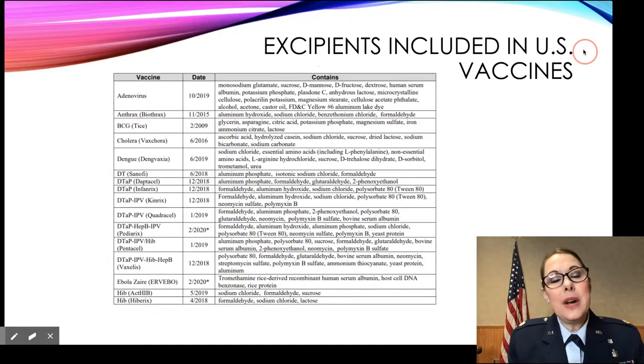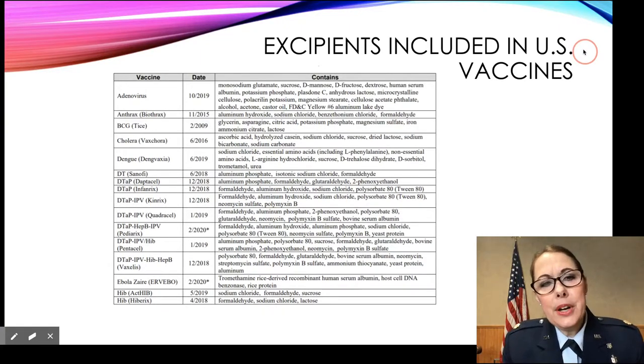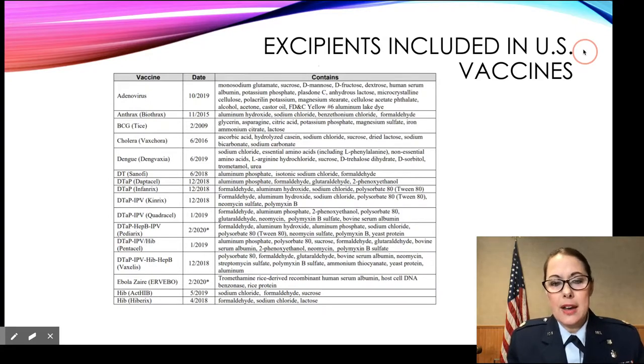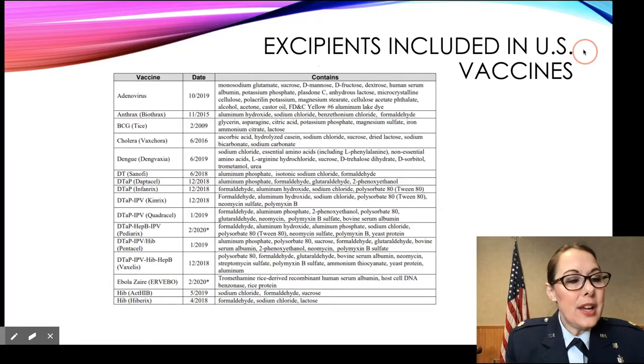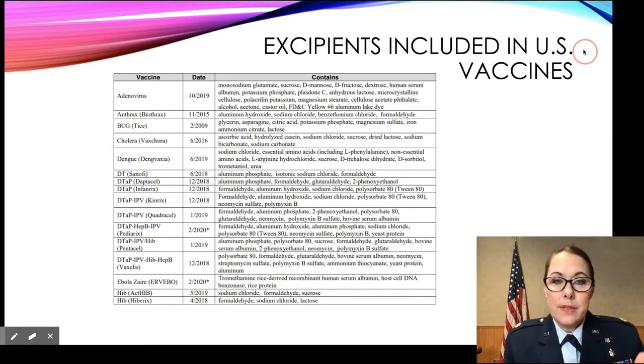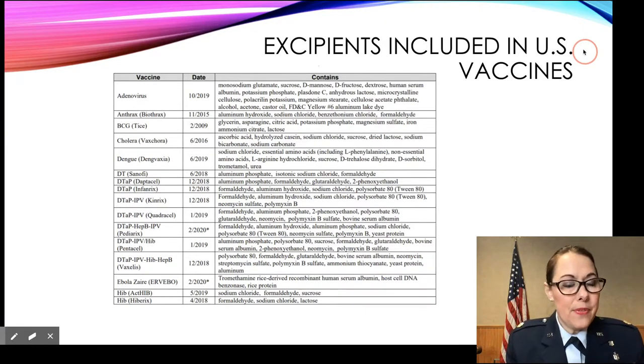So this is what an excipient report looks like. I just screenshot one page, but you can go and look any vaccine up and it will tell you all the ingredients in it. And in addition to all of these ingredients, some of the things are used in small amounts, and some are used larger.